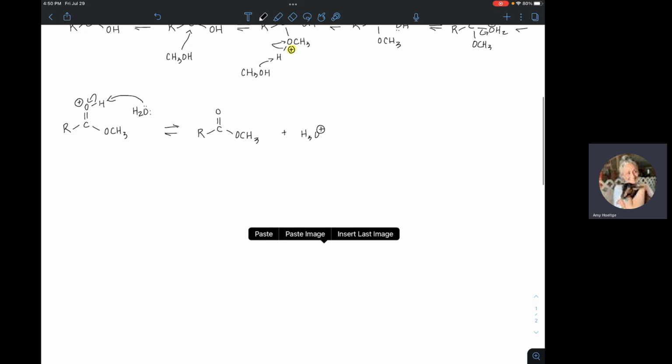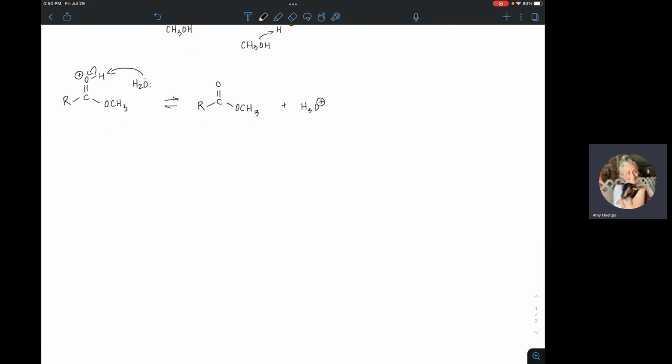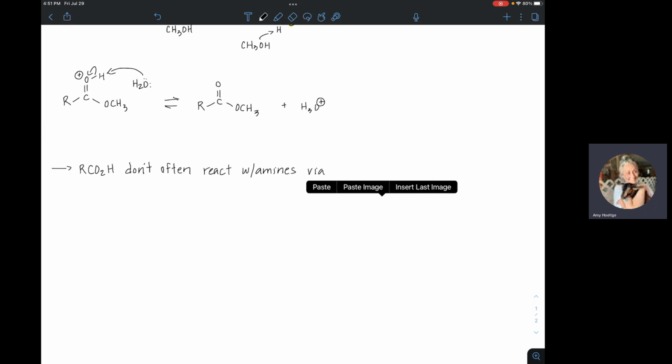We don't really see carboxylic acids undergoing nucleophilic acyl substitution with amines very often, and I'll show you why. So carboxylic acids don't often react with amines via nucleophilic acyl substitution.